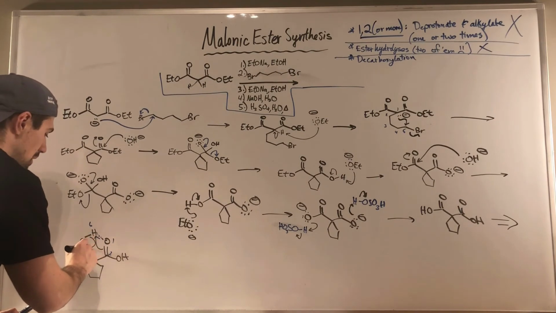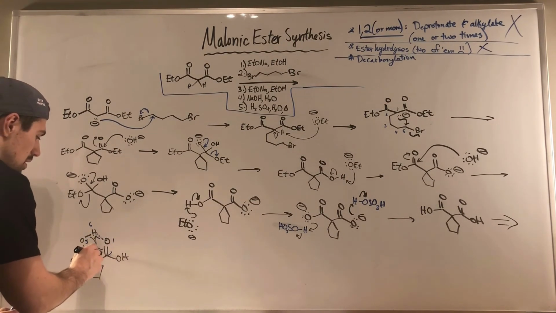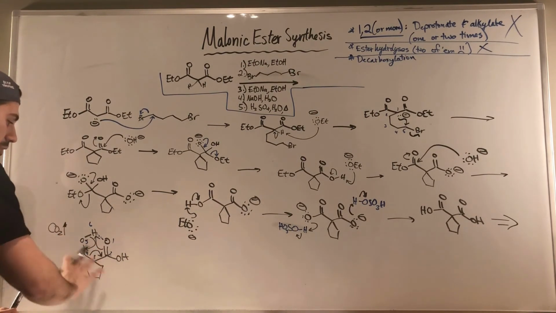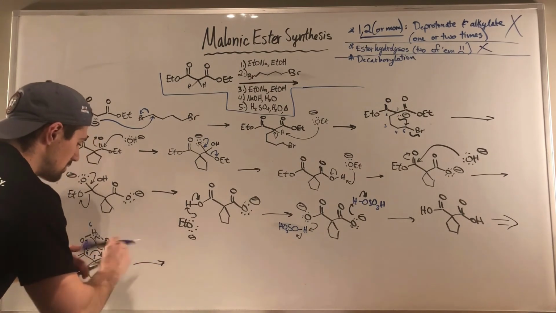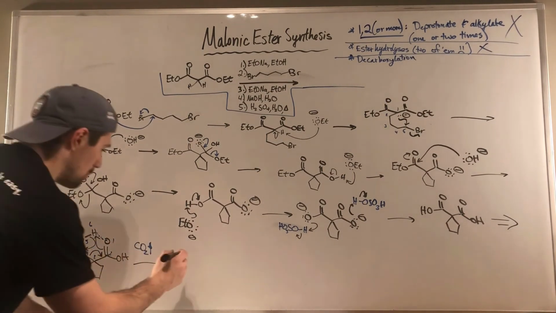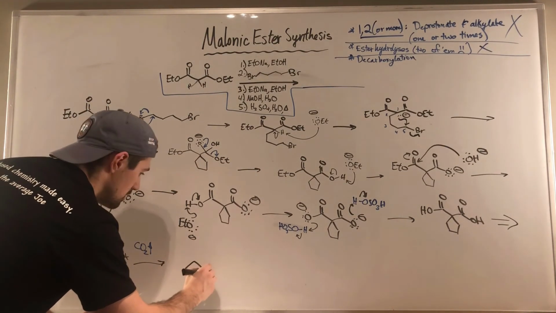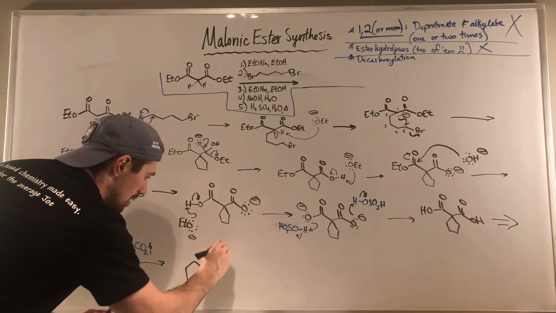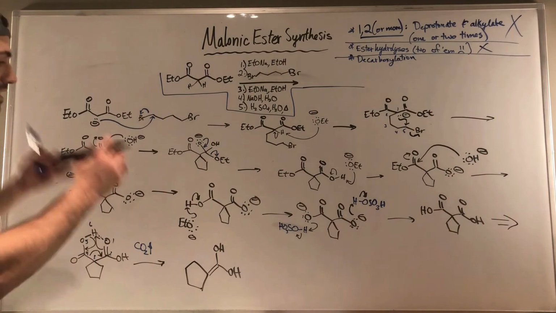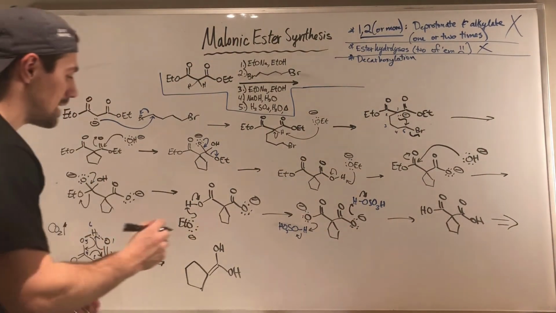These electrons swing down to help the formation of CO2, and then this bond breaks, allowing CO2 to form and also forming an enol on this side. So over here is where we have CO2 leave, and what we also produce is kind of that double enol action, right? Okay? So it's at this point that this will tautomerize back to the ketone. I will do a better job of illustrating this right now.